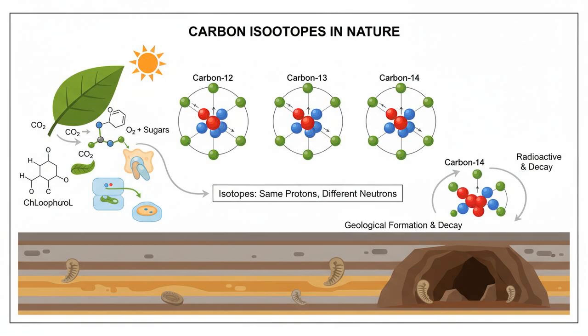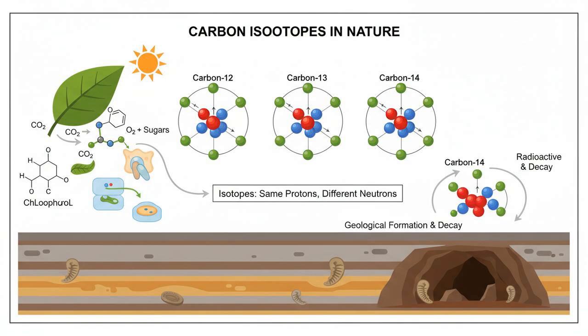These isotopes are chemically identical. For example, a tree uses carbon-12 dioxide and carbon-13 dioxide almost interchangeably for photosynthesis. However, they have different masses. This brings us to the principle of fractionation. Because isotopes have slightly different masses, they behave slightly differently in physical and chemical processes.